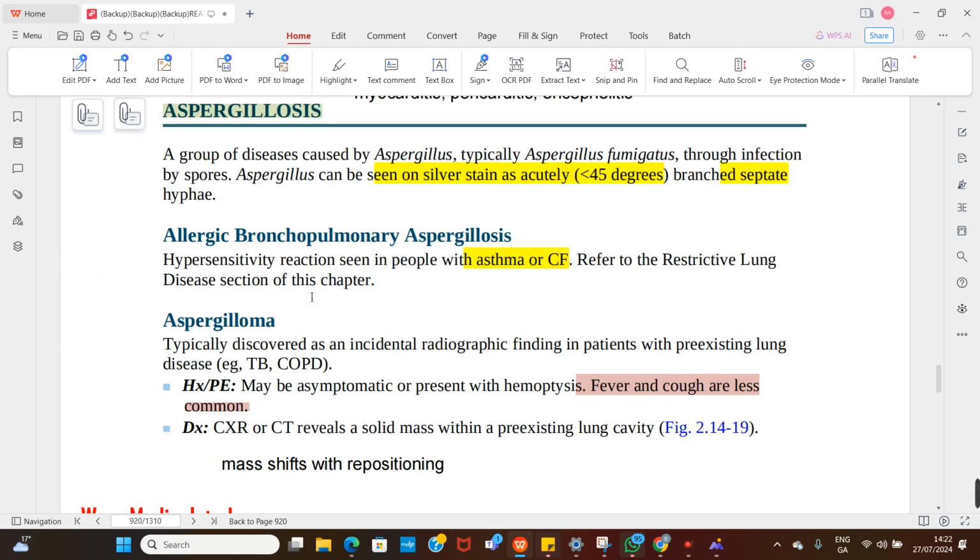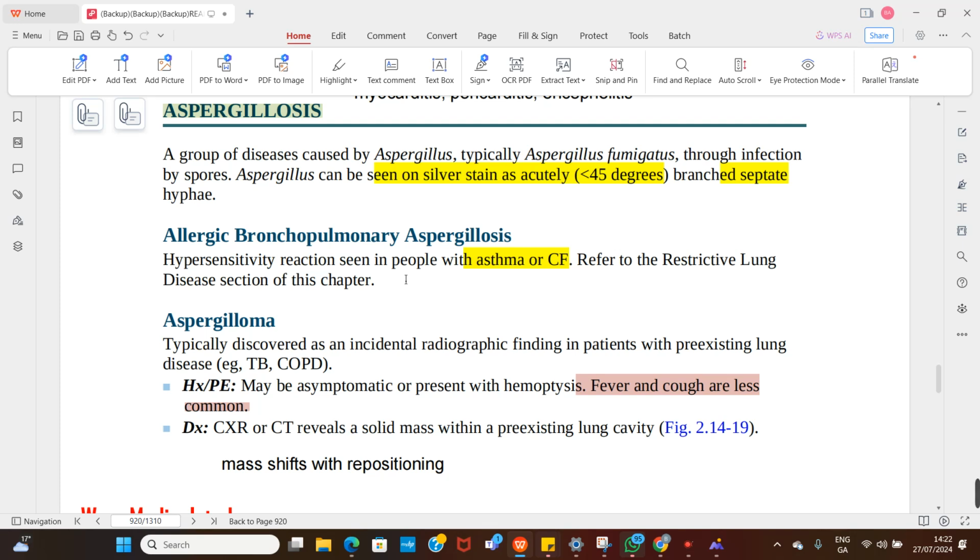So the one we were talking about initially is the allergic bronchopulmonary aspergillosis, and we have said that they are going to have asthma and cystic fibrosis, and they are going to have asthma-like symptoms, and they are not going to be responsive to antibiotics. If you do your skin prick test, you are going to see positivity towards the aspergillus organism.